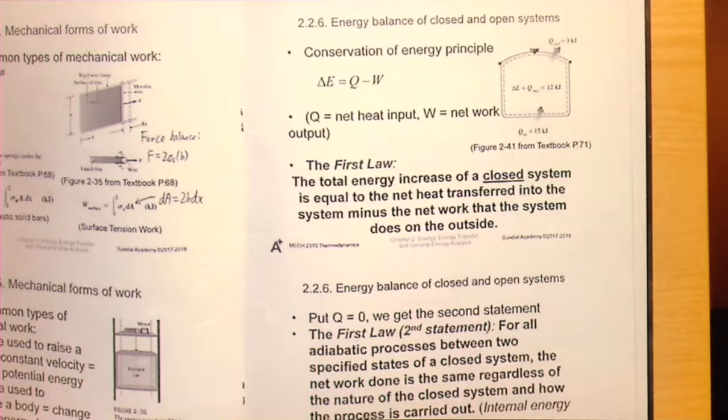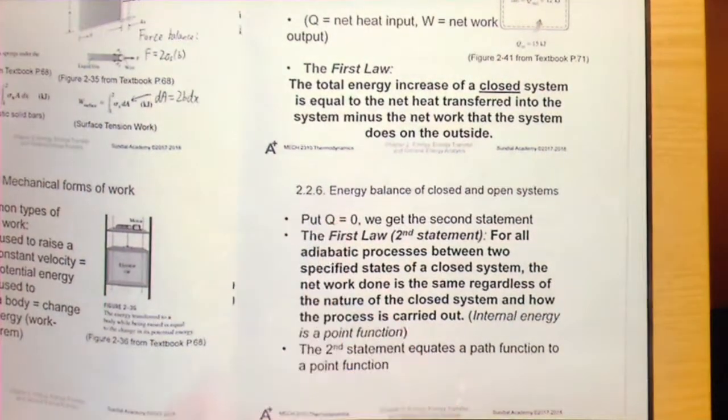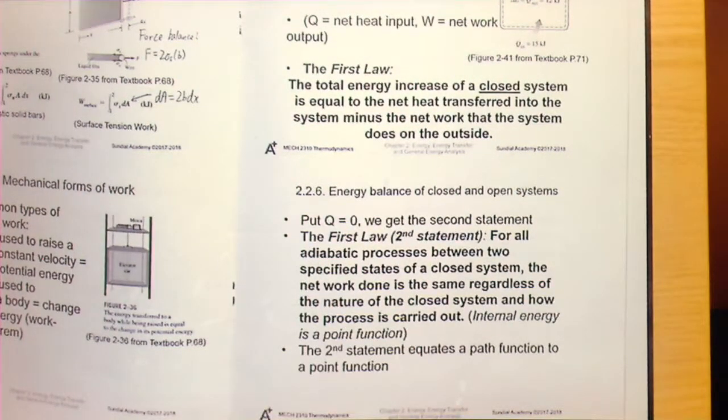This law not only establishes the existence and the definition of total energy E, but also states the conservation of energy principle. Here, if we put Q equal to 0, then we get the following second statement: for all adiabatic processes between two specified states of a closed system, the net work done is the same regardless of the nature of the closed system and how the process is carried out, because internal energy is a point function.